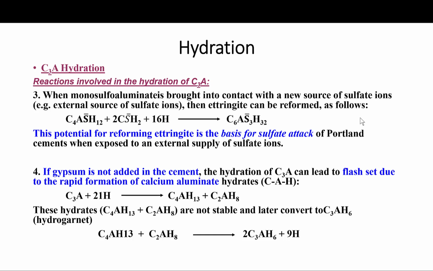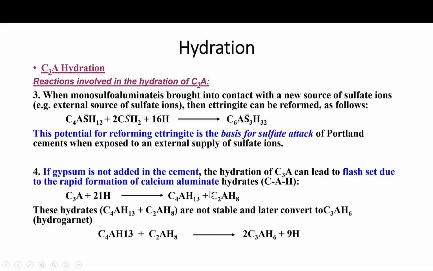So, let's assume the gypsum is not added in the cement. The hydration of C3A can lead to flash set, which I talked about before, due to the rapid formation of calcium aluminate hydrate phases, according to this equation, for example.